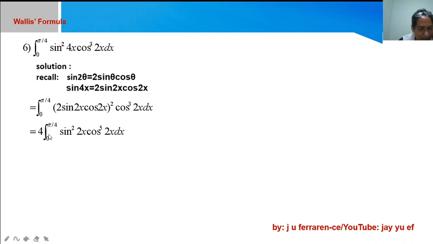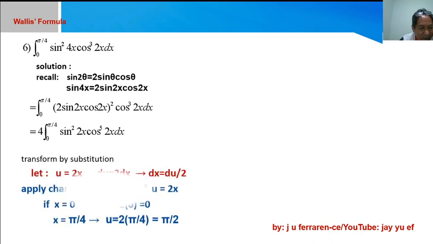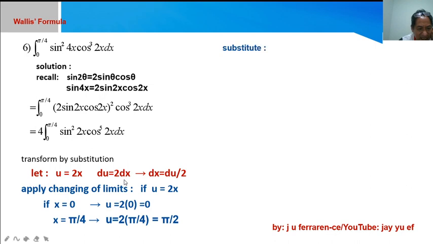So, do not go immediately with Wallis because you still need the transformation similar to the previous two. Okay, so my u is 2x, correct? So what's my du? My du is 2dx. So if that is 2dx, then my dx is half of du.